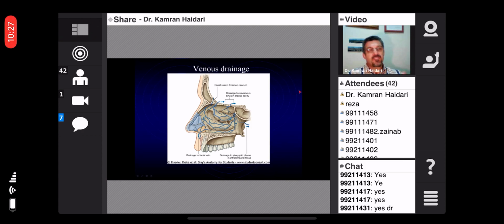If you divide the nasal cavity into a posterior part and an anterior part, lymphatics from the anterior part are drained into the submandibular lymph nodes, and lymphatics from the posterior part of the nasal cavity are drained by the deep cervical lymph nodes.